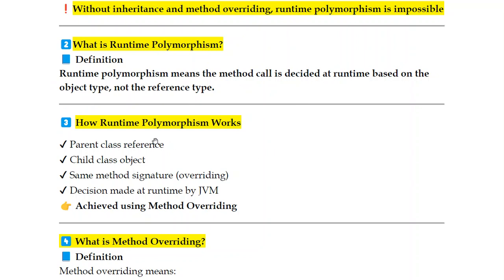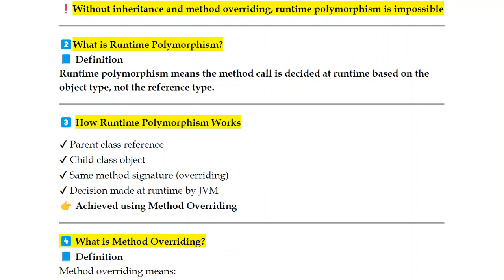So how does runtime polymorphism work? A parent class reference variable is involved here, meaning the parent class reference type and variable. A child class object is required. The same method signature is used while overriding. The decision is made at runtime by the JVM. When all these checkboxes are ticked, we can achieve method overriding, and then runtime polymorphism is possible.